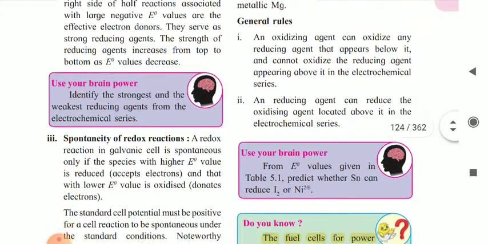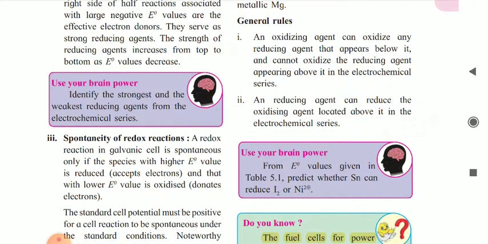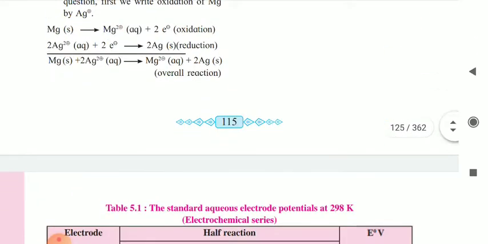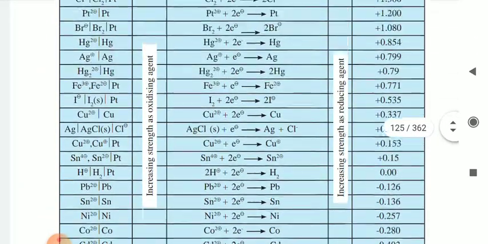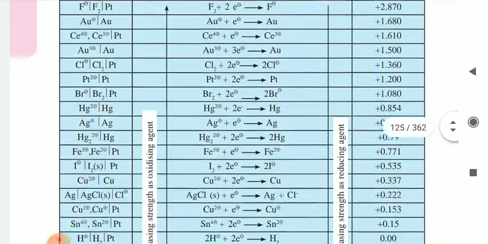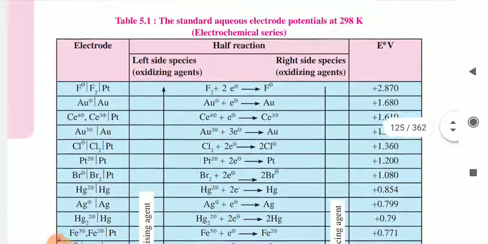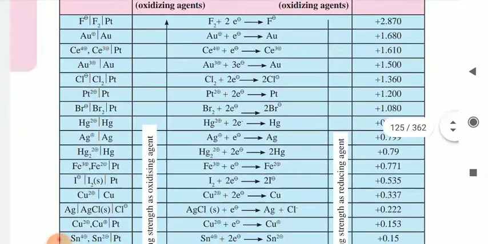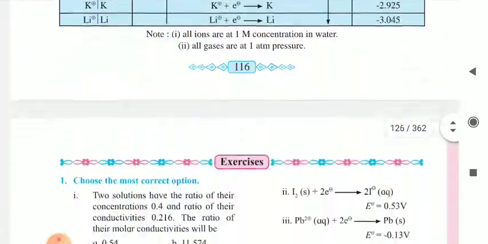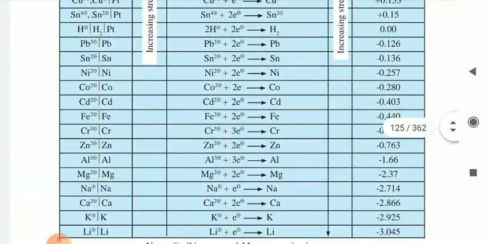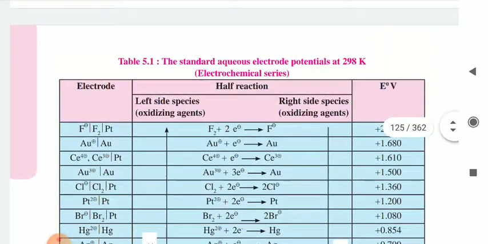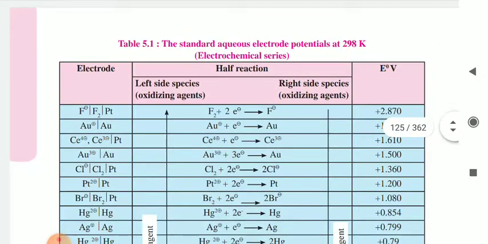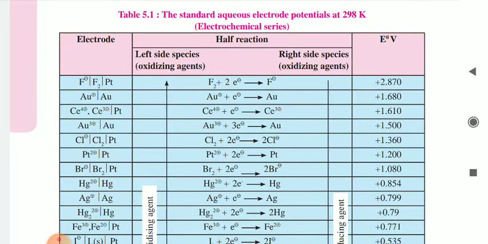And a reducing agent can reduce an oxidizing agent located below it in the electrochemical series. So students, this is the electrochemical series. You can keep this electrochemical series in front of you, and by reading all the important instructions related to it, you can solve many different problems based on this electrochemical series. So this is all for today's lecture.